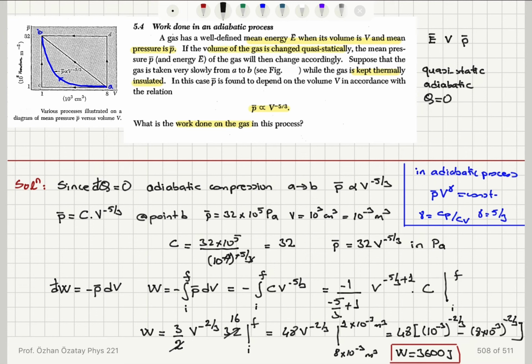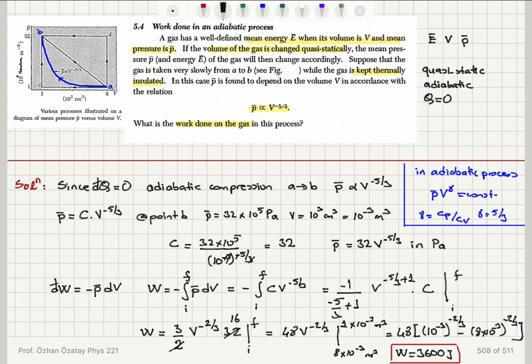We will get back to this later on in this course as well. This is from your thermodynamics class. So d bar Q is 0. P bar is proportional to V to minus 5 over 3. What is the proportionality constant? I use one of the points. Let's take point B, where I have 32 times 10 to 5 pascals as the pressure, newtons per meter square.